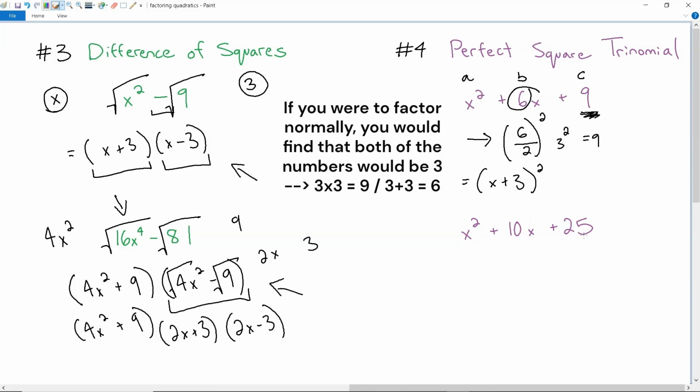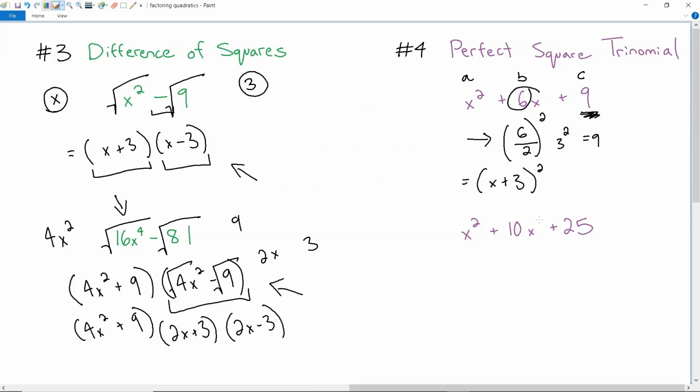In the second example, I have x squared plus 10x plus 25. And let's test if it's a perfect square trinomial. I'm going to take my b value, divide it by 2, and square it. 10 divided by 2 is 5, to the power of 2 is 25. Therefore, it is a perfect square trinomial.